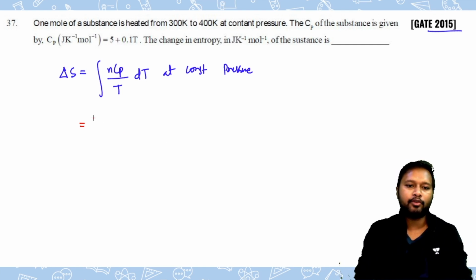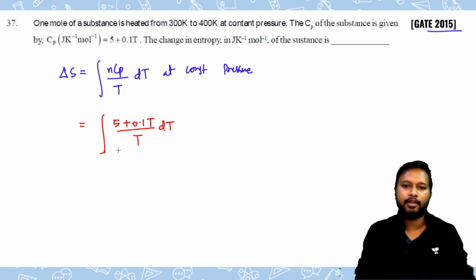The value of Cp is what we are going to put, so it is 5 plus 0.1T upon T dT. Integration is being done from lower limit of temperature to the higher one, so 300 to 400. Just separate them out. So it is integration from 300 to 400 of 5 upon T dT, plus integration from 300 to 400 of 0.1 dT, because T and T will be cancelled out.